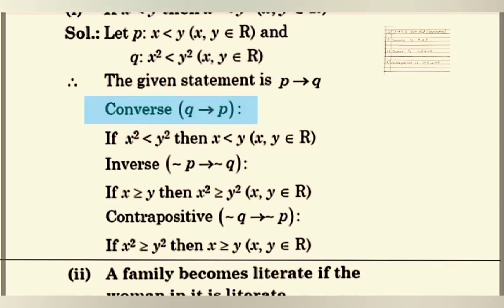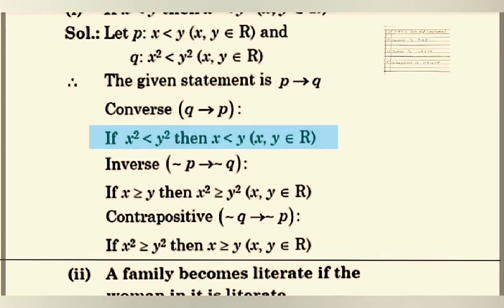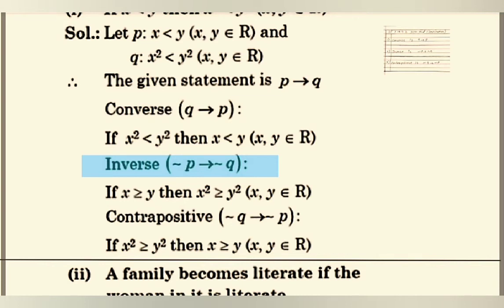Converse means Q implies P, means if this is Q statement, x square is less than y square, then this is P statement, x is less than y. This is the converse. Next, write the inverse. Inverse means negation P implies negation Q. Write if, then negation P means x is greater than or equal to y, opposite of this.